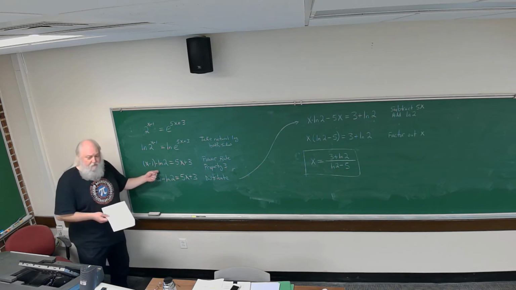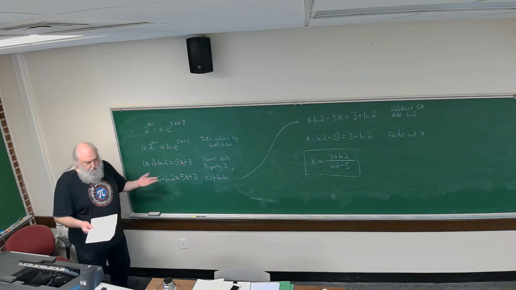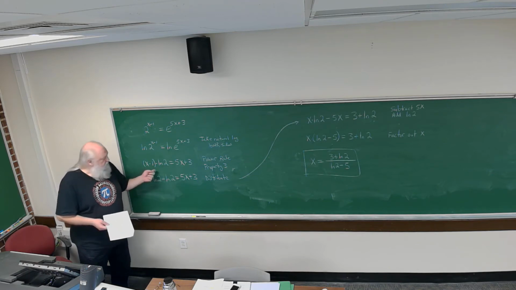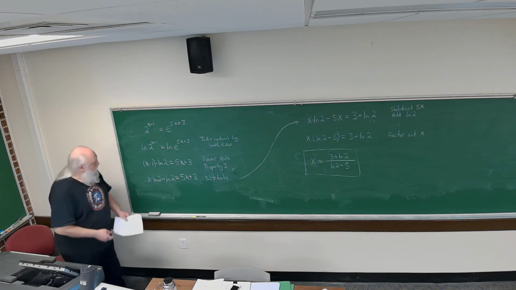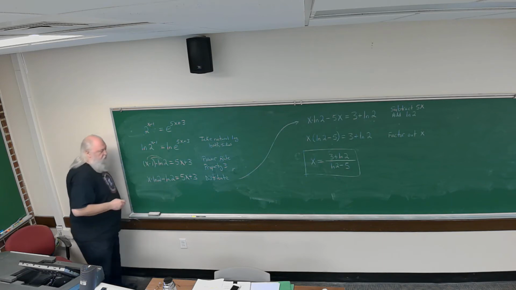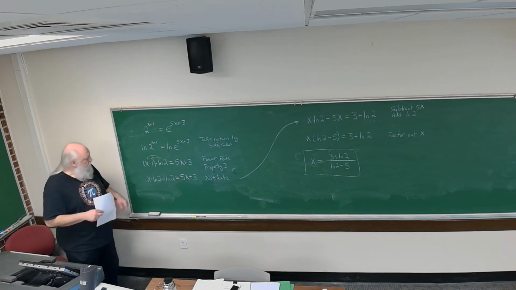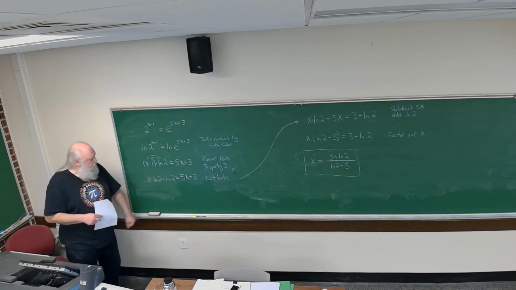Now we have a linear equation in the variable x, and we just use the rules of math solving this linear equation for the variable x. The first thing I did was distribute natural log of 2 inside the parentheses here, and I have x times the natural log of 2 minus 1 times the natural log of 2, or just minus the natural log of 2, is equal to 5x plus 3.